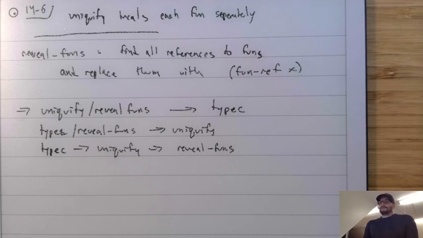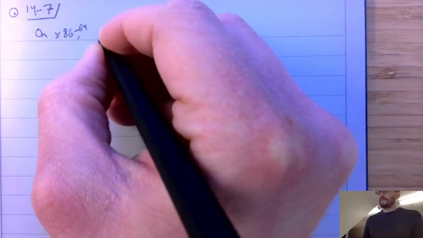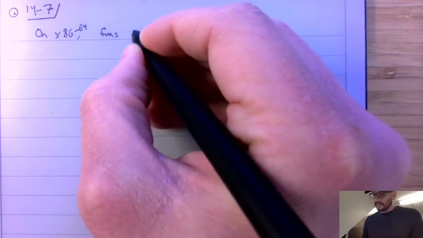Okay, now the next pass that we need to implement has to deal with the following problem. On x86, and I of course mean x86 64, functions always have 6 arguments.